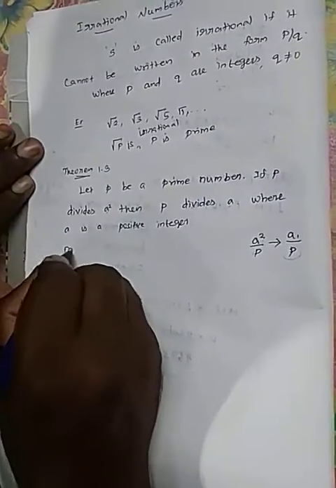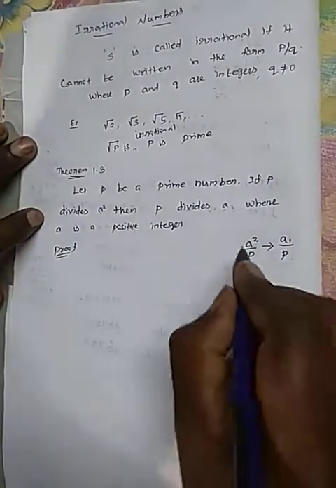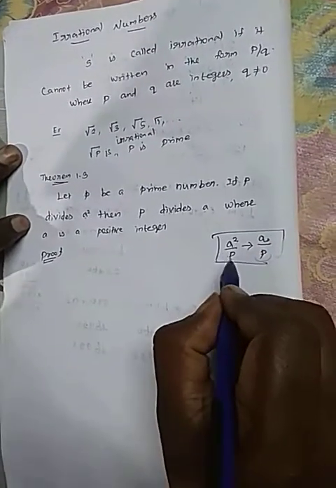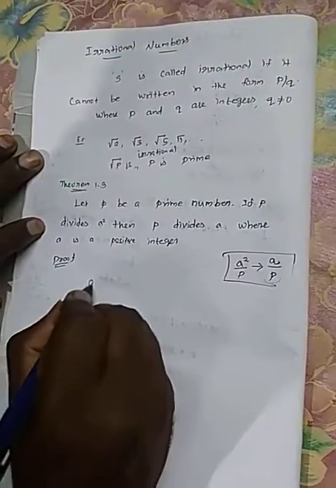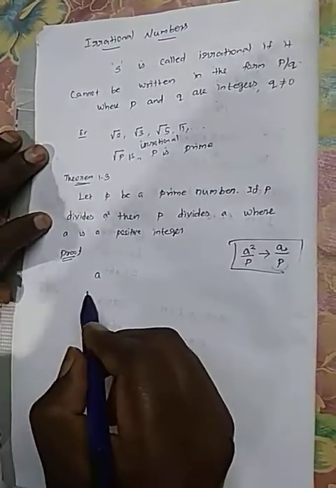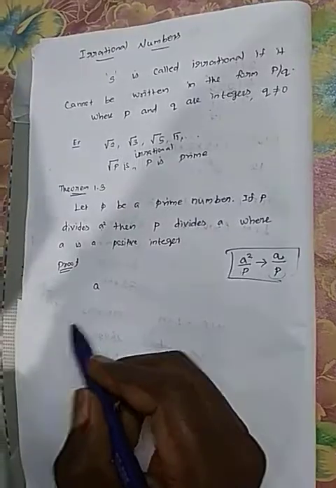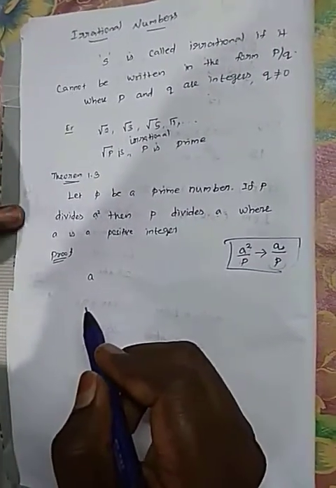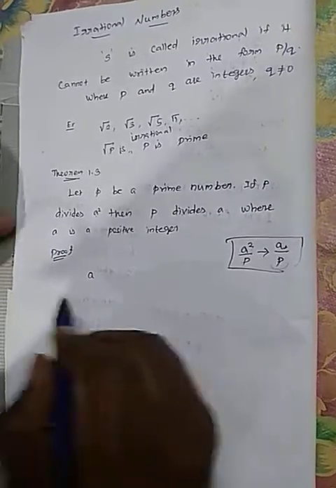First, the proof. It is a simple proof. A square divided by p means a divided by p. I will take any one number a, any composite number. We can express it as a product of prime numbers.